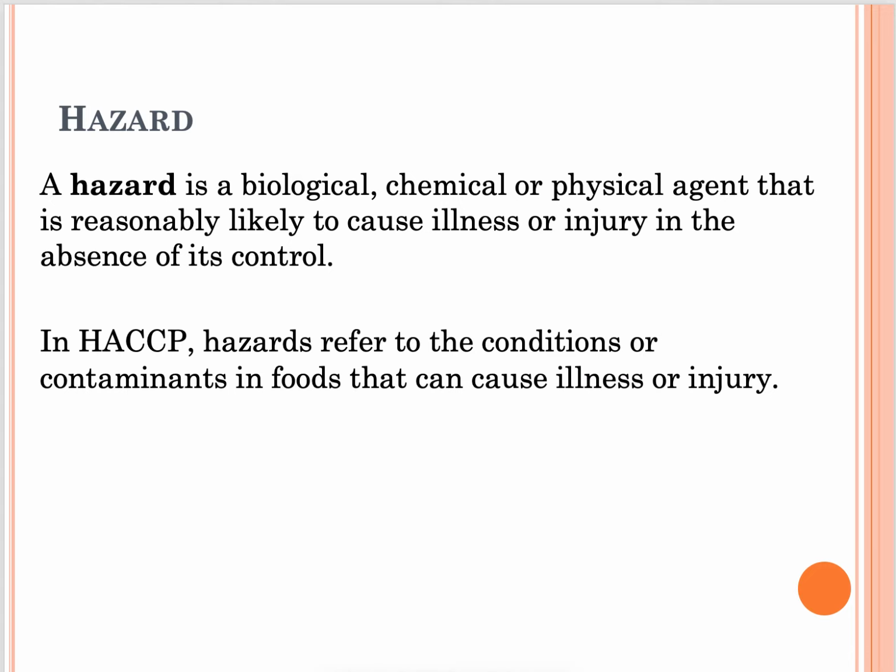To prevent hazards. So what is a hazard? A hazard is a biological, chemical, or physical agent that is reasonably likely to cause illness or injury in the absence of its control. If the food contains this hazard, it may make the consumer ill or injured. In HACCP, hazards refer to the conditions or contaminants in foods that can cause illness or injury to the consumer.